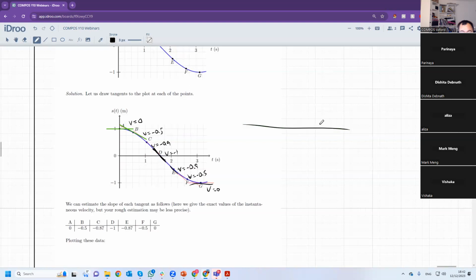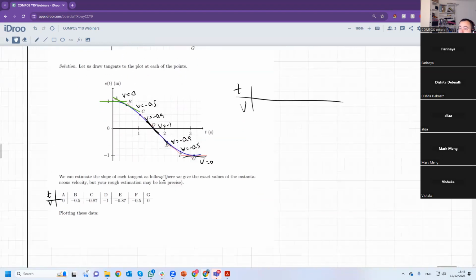All you need to do is then draw a table of time versus V. So this is the table, time and velocity. And then you just draw a graph.